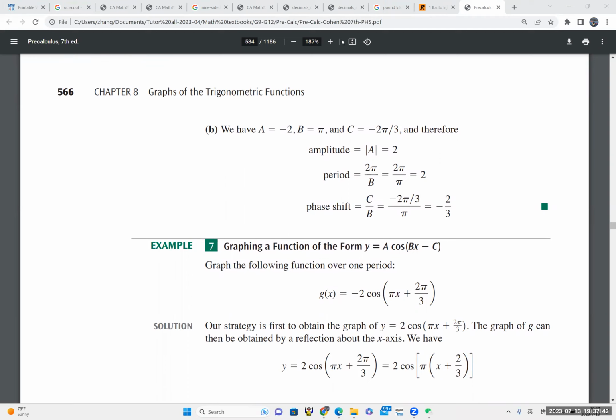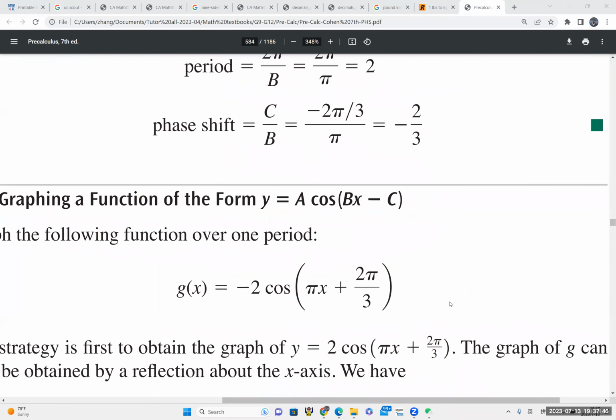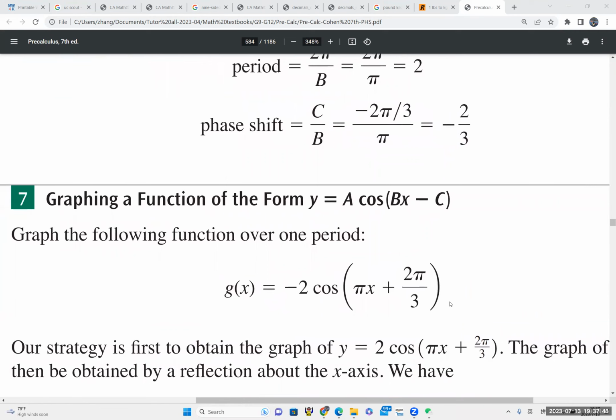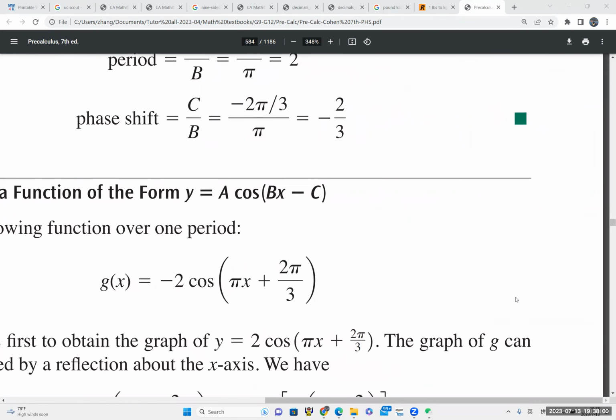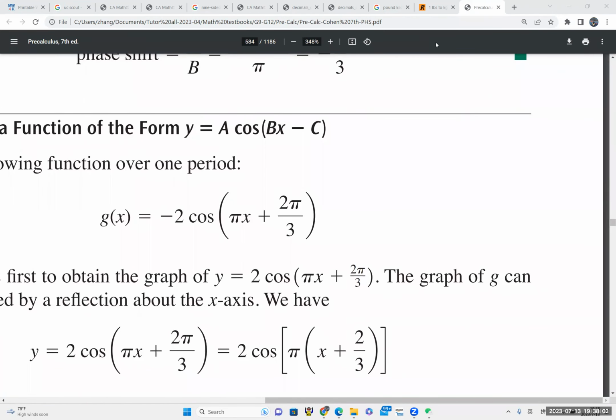Oh, excuse me. So when you graph this, actually you have two methods. Let me mention this. One is to use function transform, right? Another is you say this is cosine. We know for cosine, from 0 to 2 pi is one period, right?